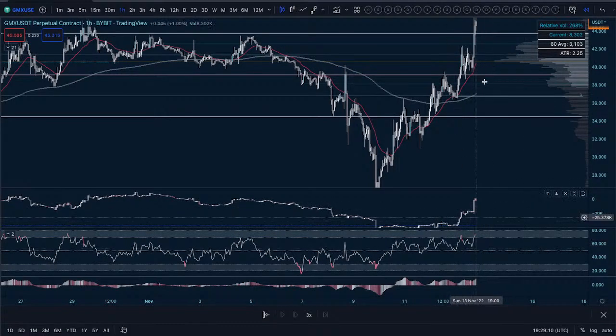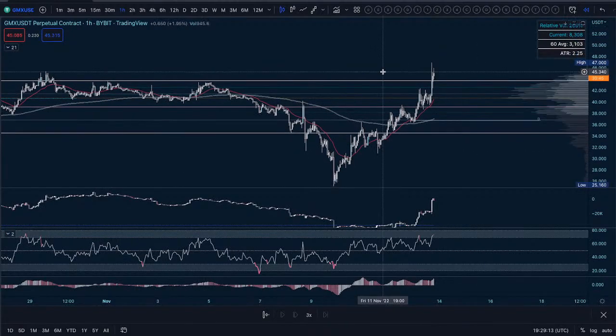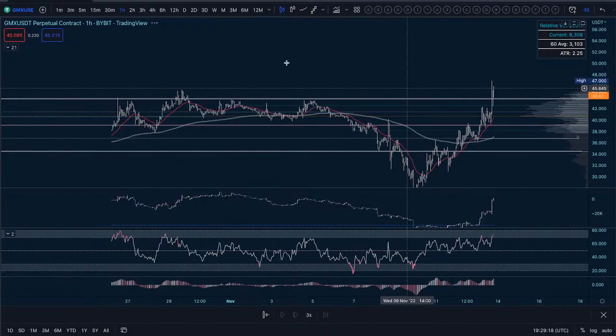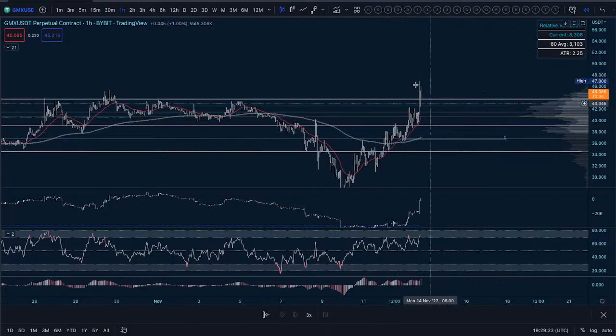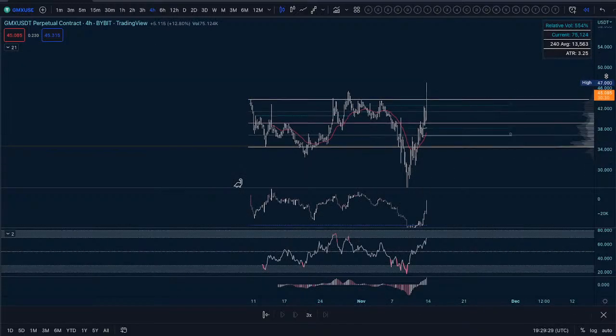Yeah, no weakness here. It's got a legit run. This is a narrative-based run, so you don't want to fade these things. If that's the narrative, you run with it, not against it.